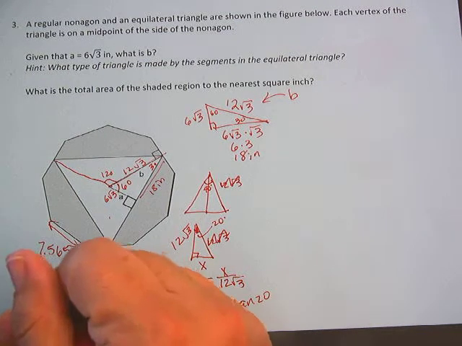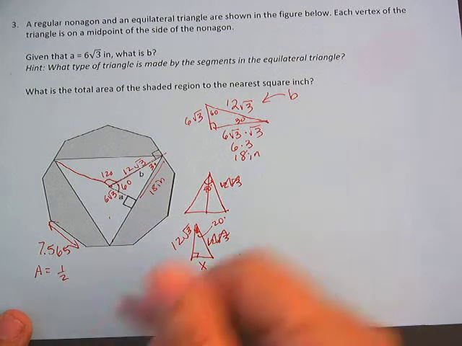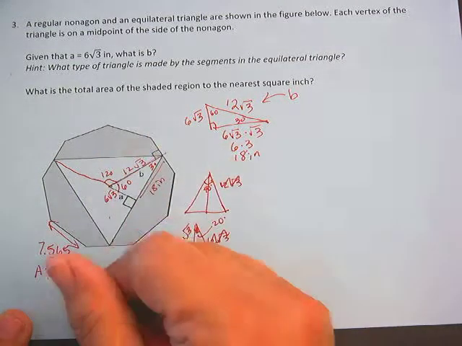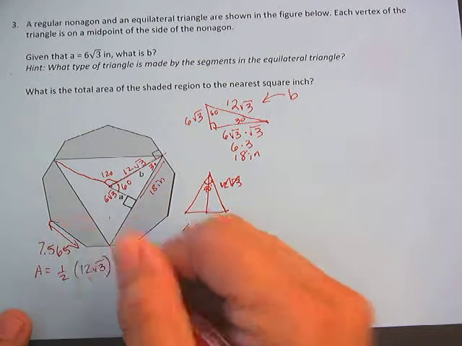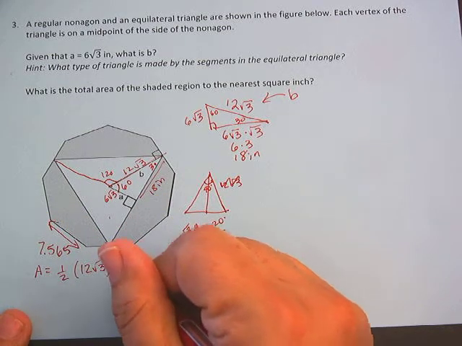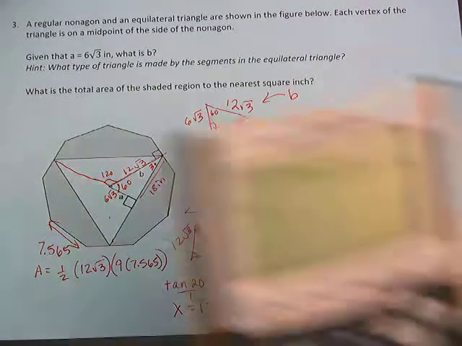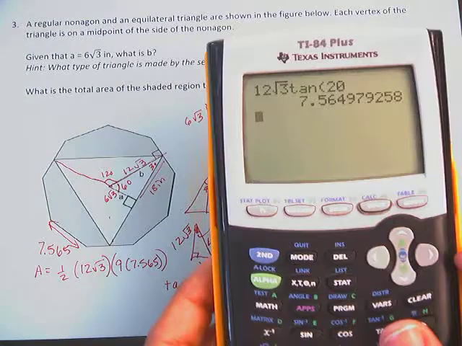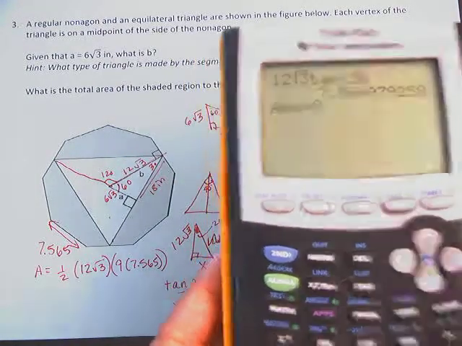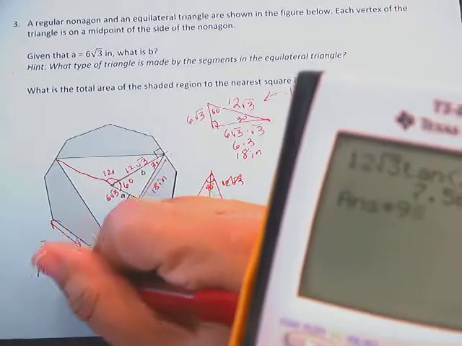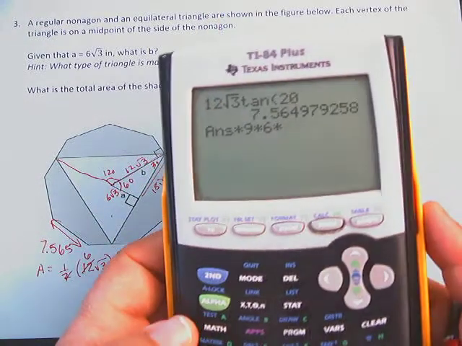So the area of my nonagon is going to be 1/2 times my apothem, which is 12 square root of 3. And my perimeter is going to be 9 of these, so it's going to be 9 times 7.565. So I'm going to take my 7.565 times 9 times, I'm going to say this is just 6, and then times square root of 3.